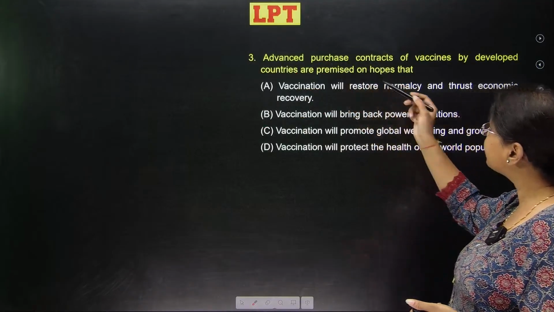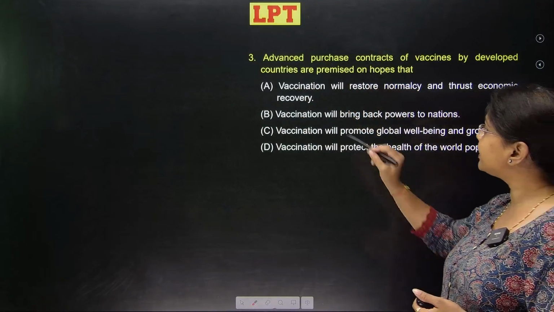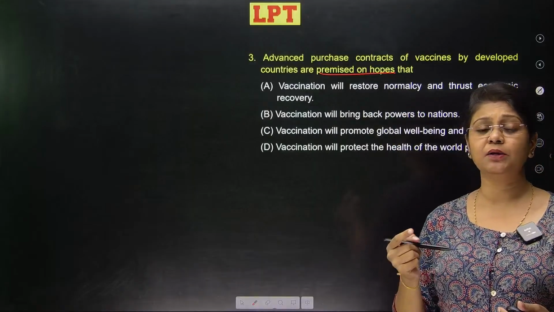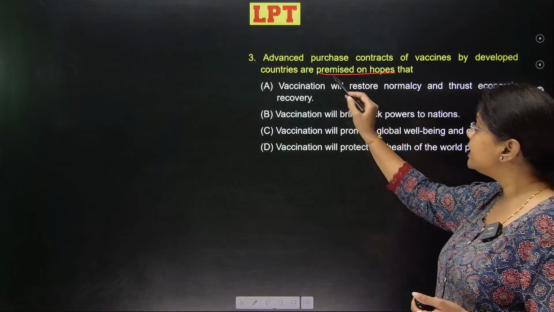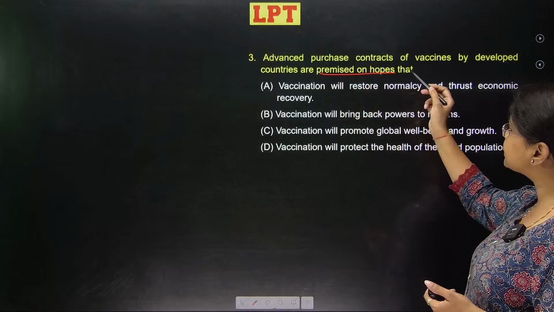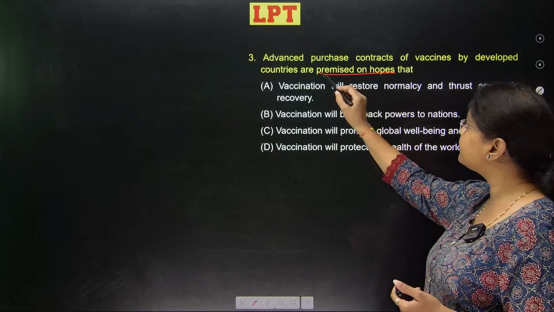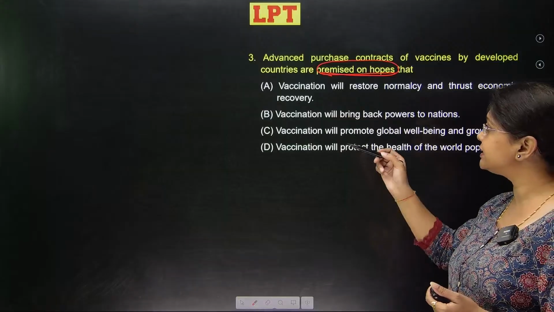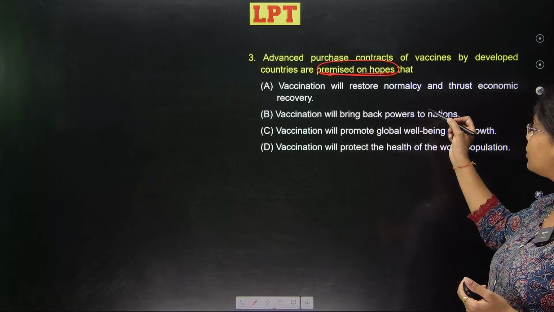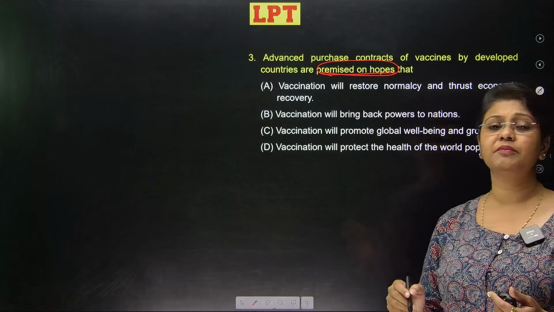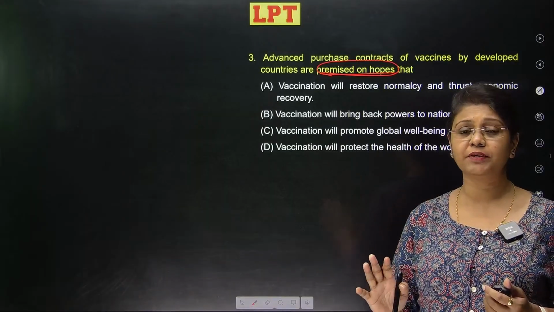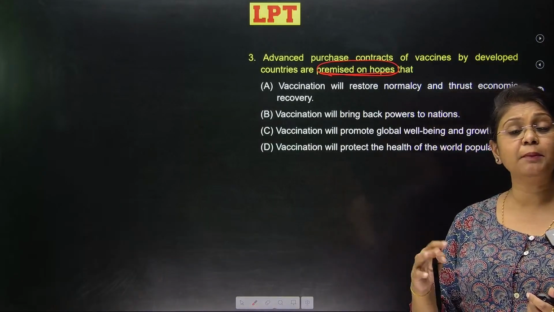Let's look at the third question now. Advanced purchase contracts of vaccine by developed countries are premised on the hopes that. There was a line in the passage, I hope that you remember. So it says, advance purchase contracts of vaccines by developed countries are premised on the hope that. Let's have a look at the options. It says vaccination will restore normalcy and thrust economic recovery. Well, when we were reading the first paragraph, there was a mention of it, and let us see if we can find a better option than this.